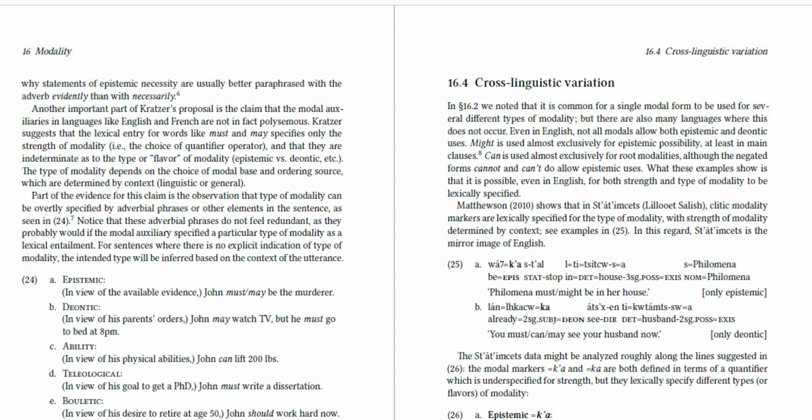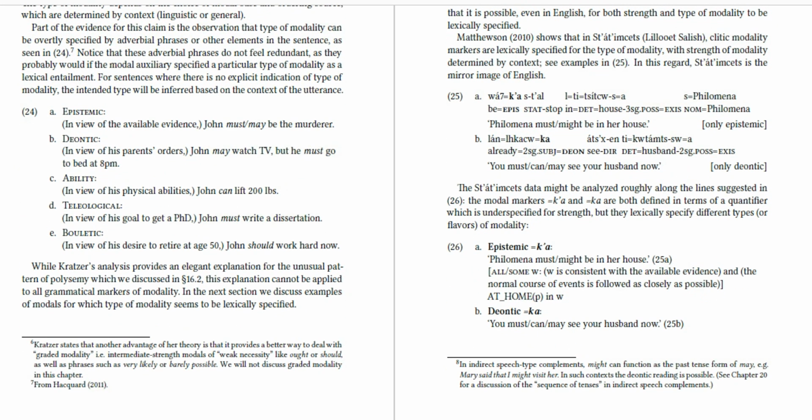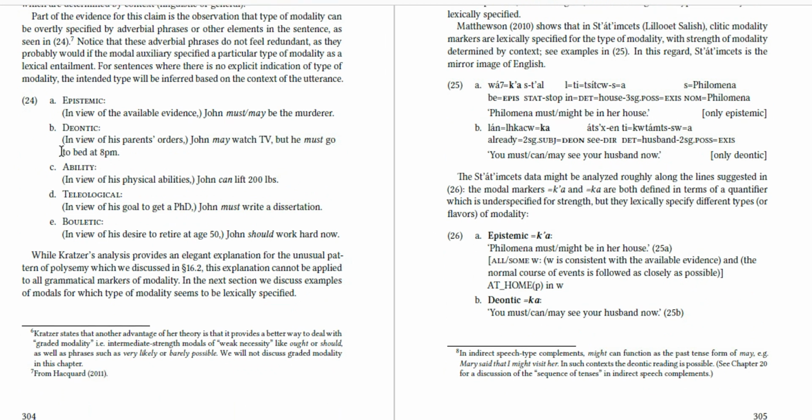At the same time, we can reach the level of understanding by the examples in page 200, or 304. So in 304, we have epistemic. When we read this sentence, "John must, or maybe the murderer," maybe we know something here. And "John may watch TV, but he must go to bed at 8." This is deontic, maybe because the word orders by parents, there is a regulation put on him by parents.